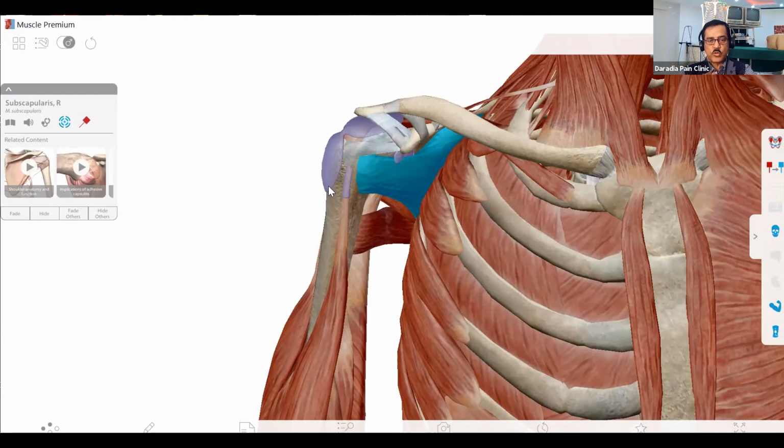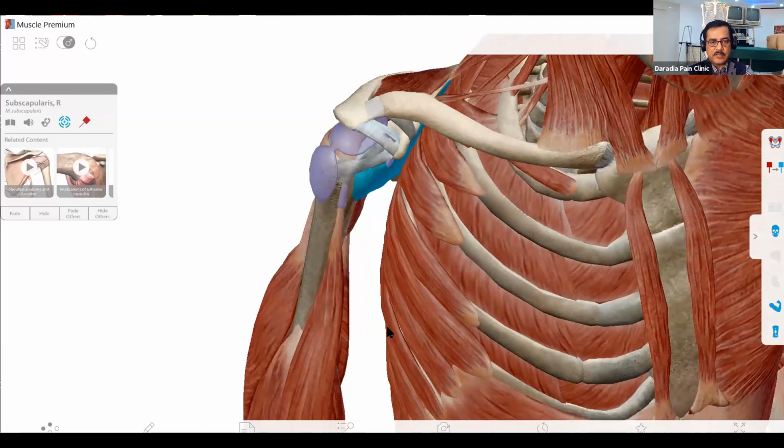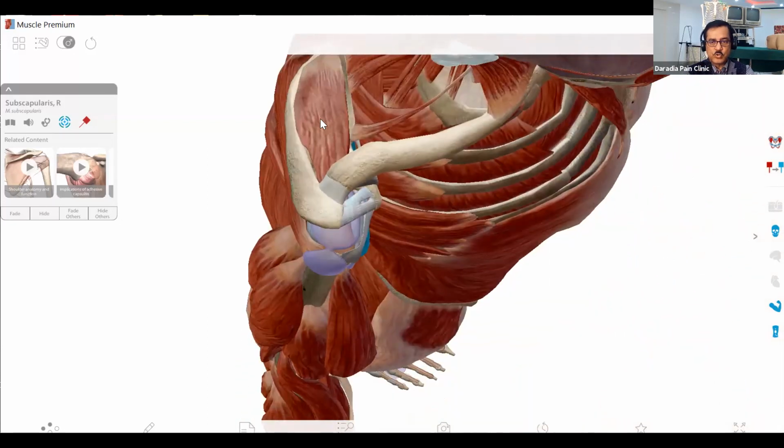Okay, so the rotator cuff muscles, anteriorly we are having the subscapularis, superiorly we are having the supraspinatus. So the suprascapular nerve is innervating this supraspinatus, and what is the function?